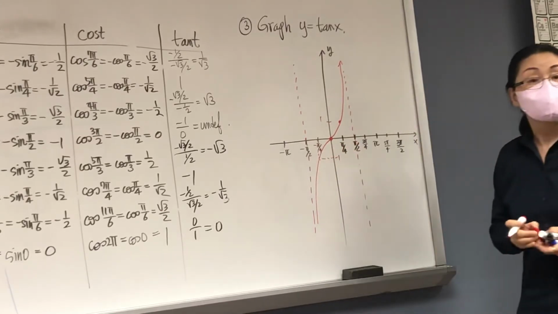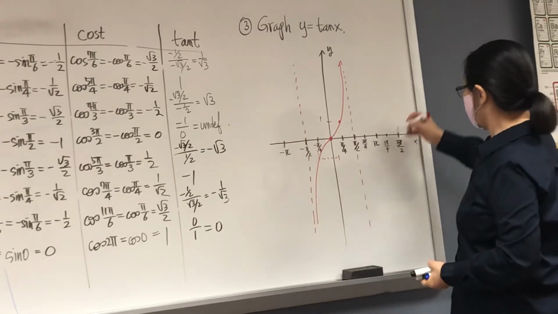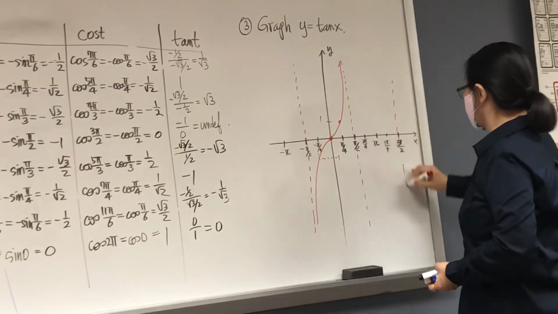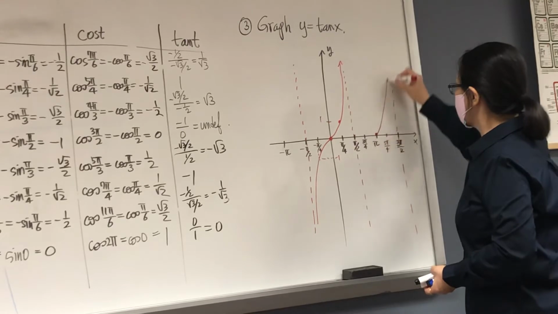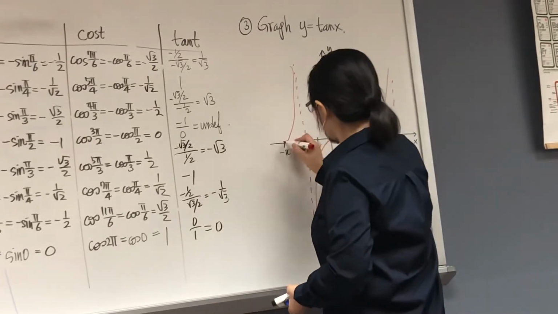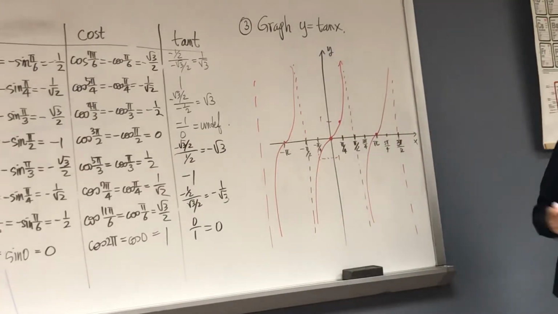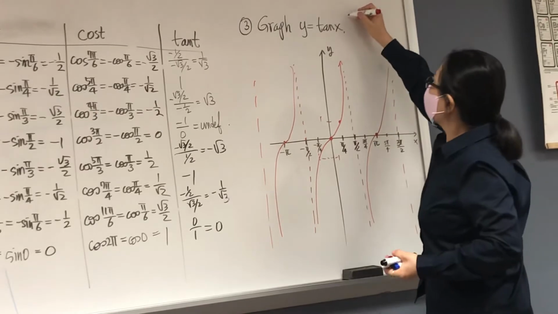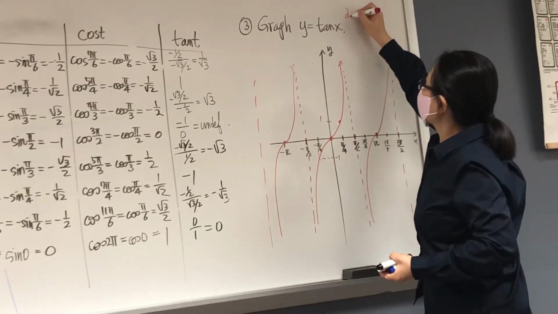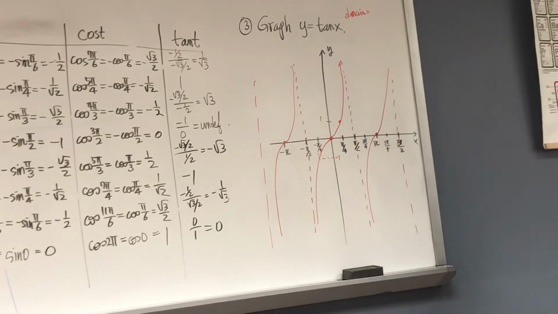This is one cycle. And then your graph continues like this, like that. This is the graph of tangent. Question. What is the domain?